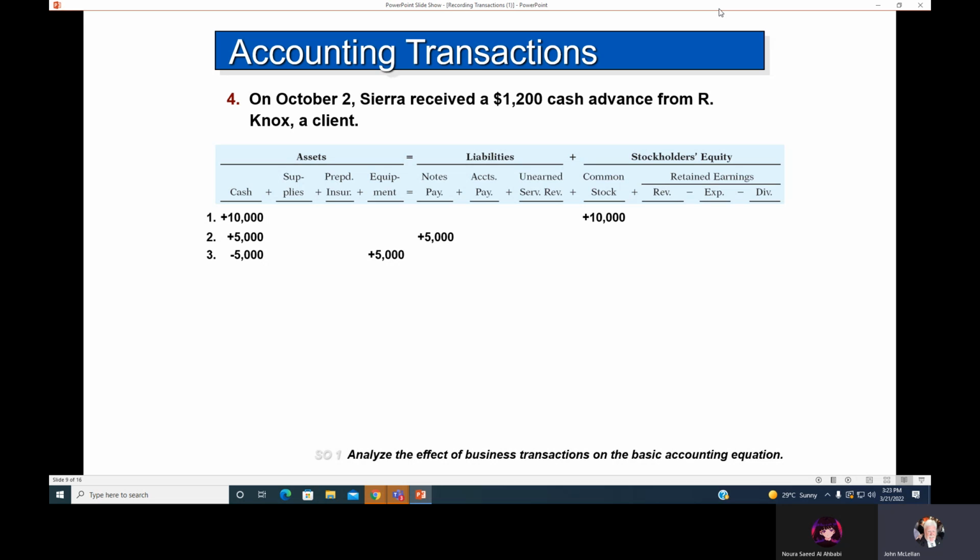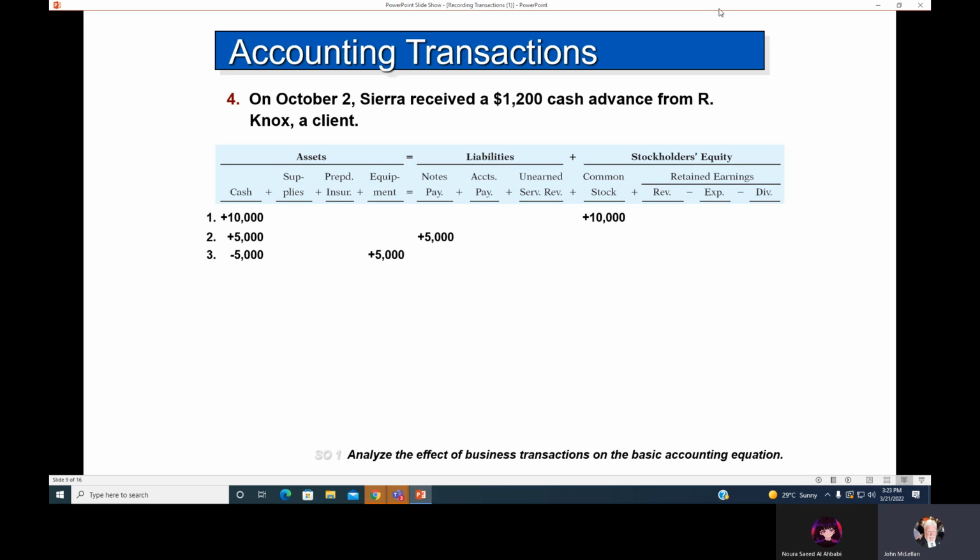Now, this one is a little different. When I provide a service to a client, I earn revenue. And the client either pays me or the client owes me. But if the client pays me in advance, I've got the money, but I have not provided the service.